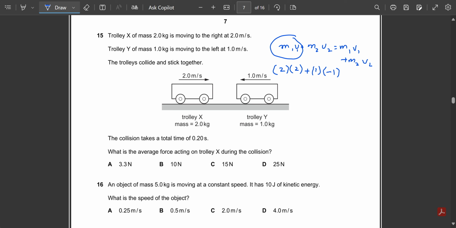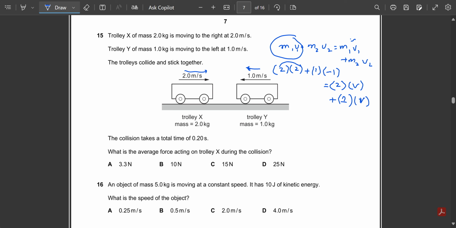If I take this as positive, I need to take the other trolley as negative, is equal to the final momentum. So the mass of X is 2, but we do not know the velocity, so we're going to take it as V, and the mass of Y is 1, and we take the velocity as V. These V will be the same because they stick together, so they're traveling with the same speed.